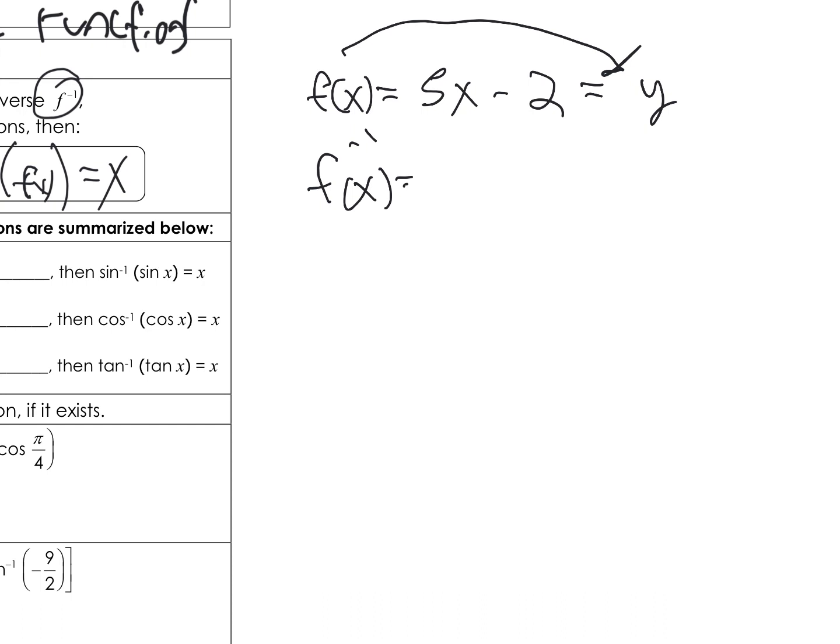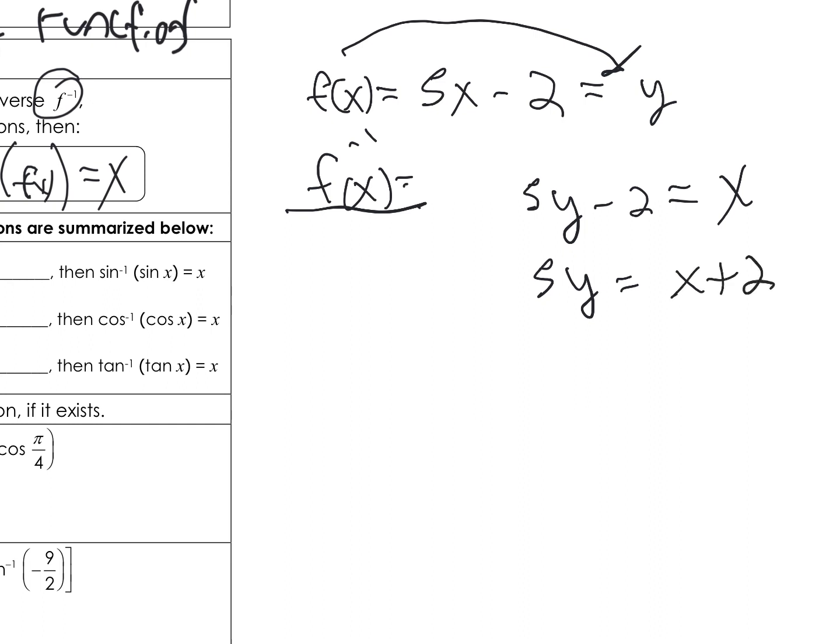Before I find that inverse, let me do the work. 5y minus 2 now equals x. Solve this for y. 5y will equal x plus 2. y will equal x plus 2 divided by 5.